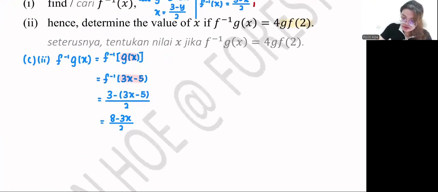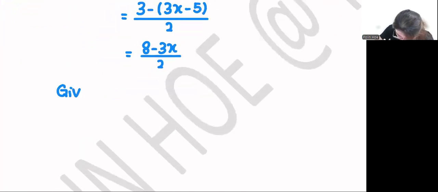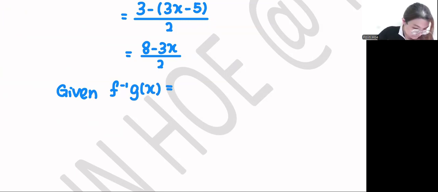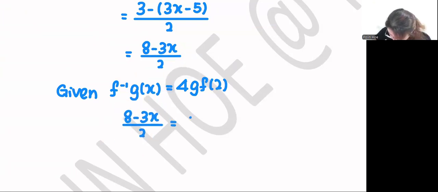Now go back to this. f inverse g(x) equals to 4gf(2), equals to 4 times negative 8.